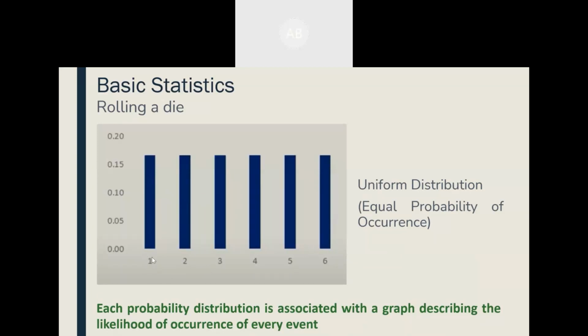For example, occurrence of 1 is 0.17, occurrence of 2 is 0.17, 3 also is 0.17, 4 is also 0.17. 5 and 6 also have the same probability of occurrence, which is 0.17. So in this case, it is a uniform probability distribution. Here we have equal probability of occurrence, and this distribution is known as uniform probability distribution, or in short, uniform distribution.